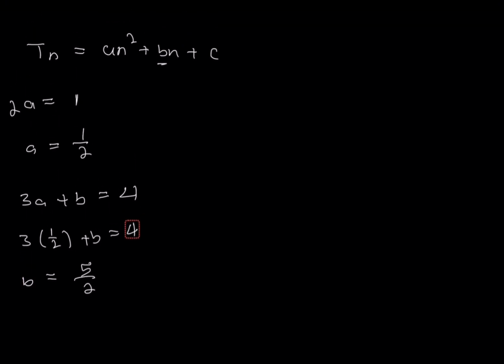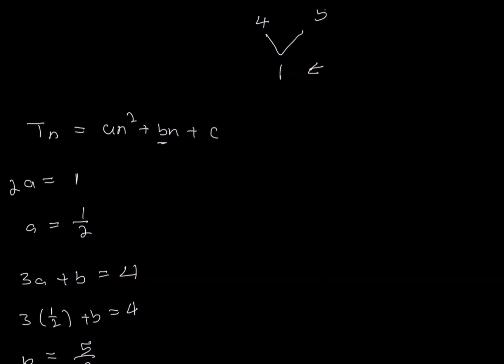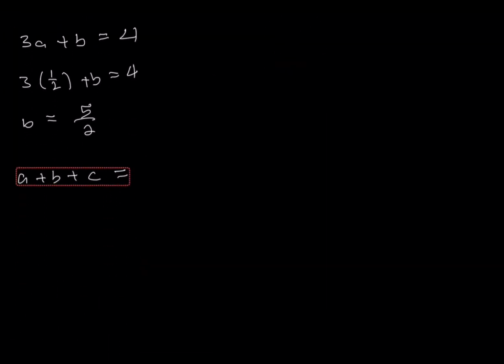I hope you guys understand. Getting c, we are going to use a plus b plus c equals the first term. In our case, it's 3. Substituting everything, where our a was 1 over 2, our b was 5 over 2, our c is the unknown and equals 3.